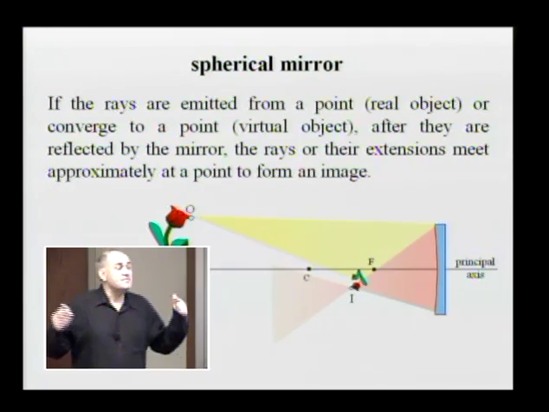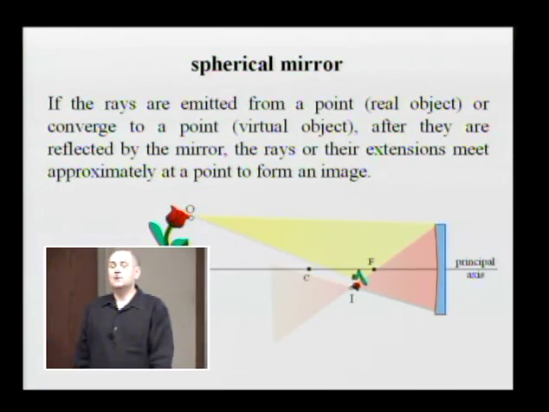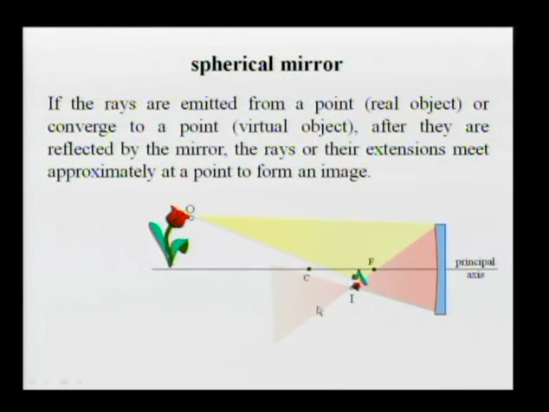If the rays meet at the point, we have a real image. So if light is coming out from here, and if you look at this point over here, there is light coming from that point in this direction. When we put an eye over here, we will believe that light is coming out from this point, and actually light is passing through this point.